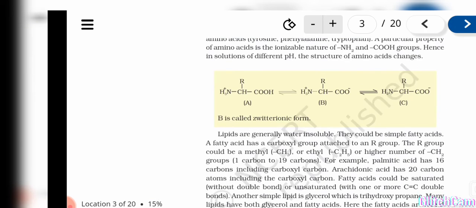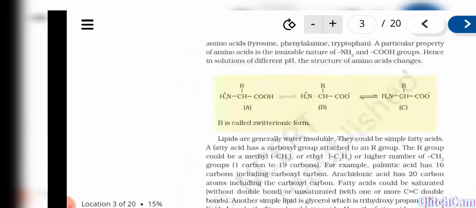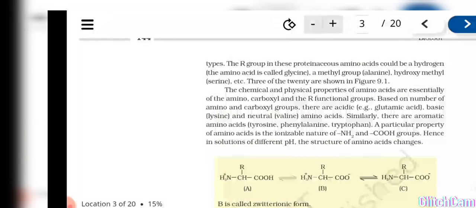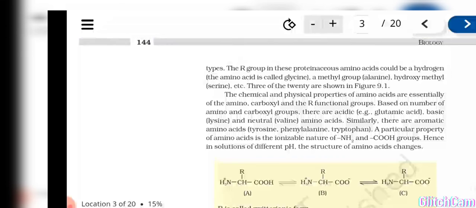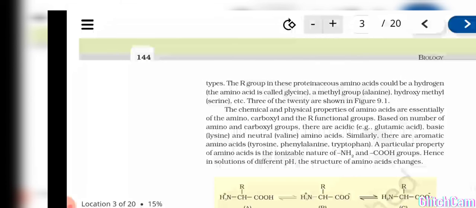So like this you can see here one R group is there, and that can be substituted by any of the molecules. So if it is a hydrogen, I told you it's the simplest type of amino acid and is known as what? Glycine.